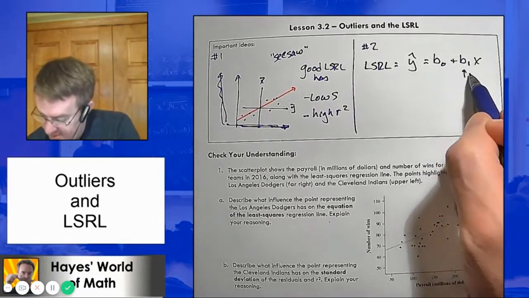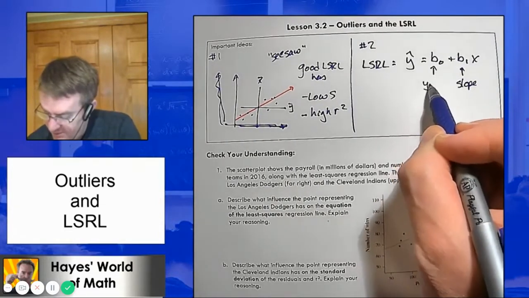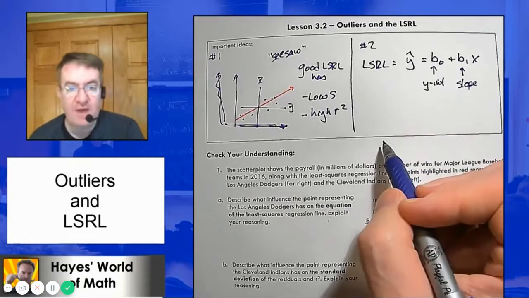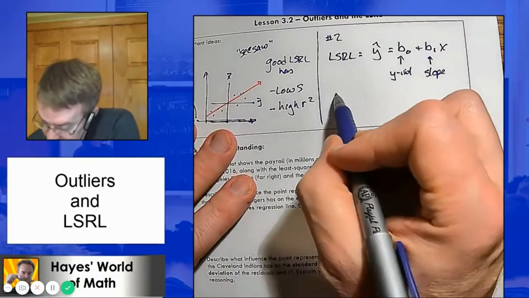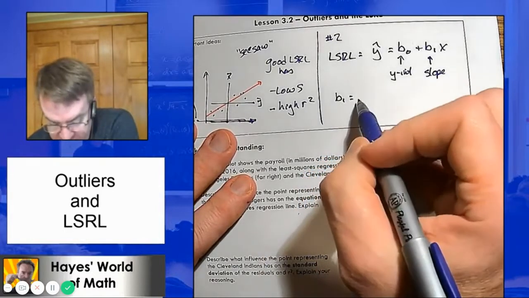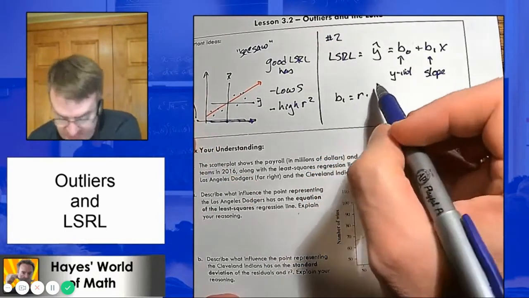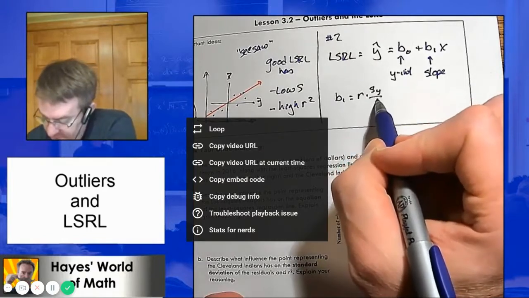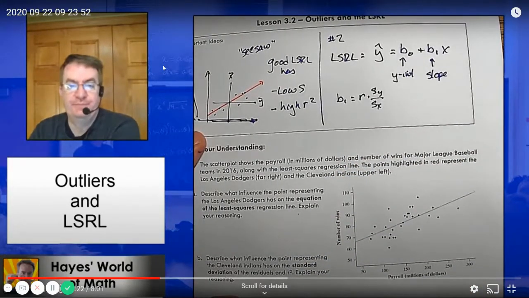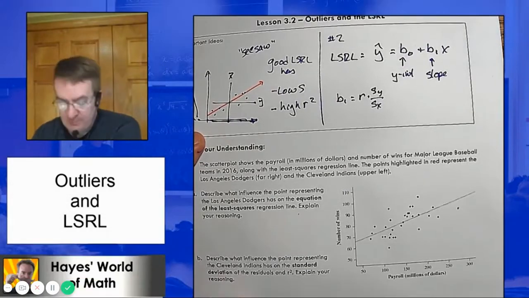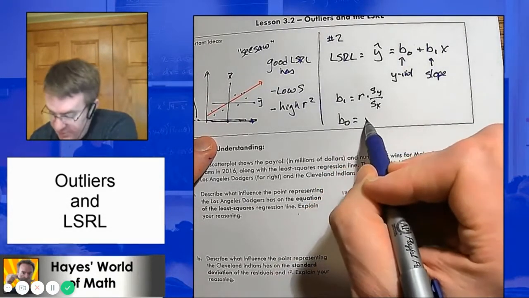Now the least squares regression line, and here's the formula that you're going to be playing around with here, is the prediction line y hat equals B sub 0, which is your y-intercept, plus your slope, B1 times x. Now, B1 is found by taking your R value and multiplying by the standard deviation of the Y values divided by the standard deviation of the X values.